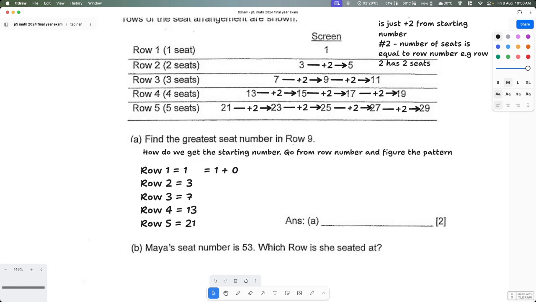Row 2 is equal to 2 plus 1. Row 3 is 3 plus 4. Row 4 is 4 plus 9. And row 5 is 5 plus 16.